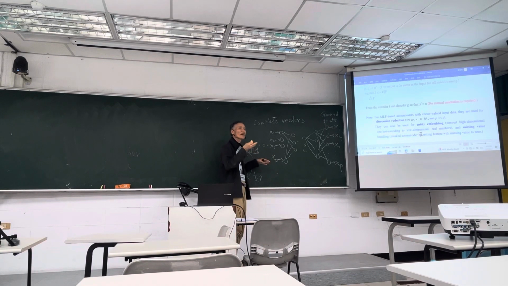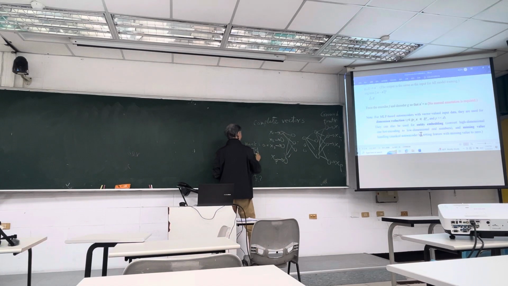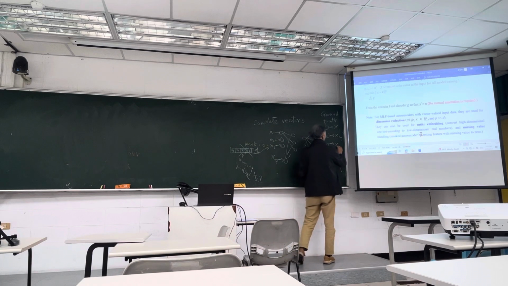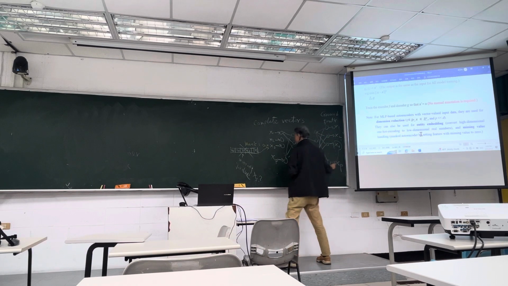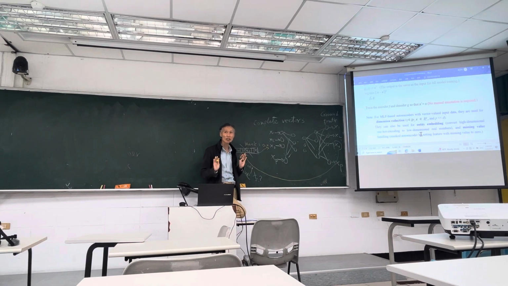So after you train the model, when you have the missing value, you put the sample in here. Then you get X3 as your estimated value for this feature with the missing value. Everyone follow?